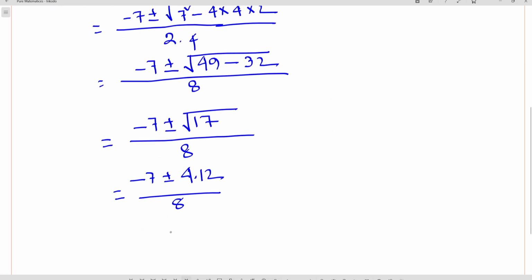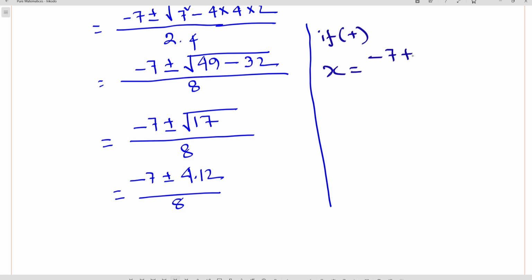Okay, so here are two things, one is a plus, another one is a minus. If positive, then x equals minus 7 plus 4.12 divide 8.